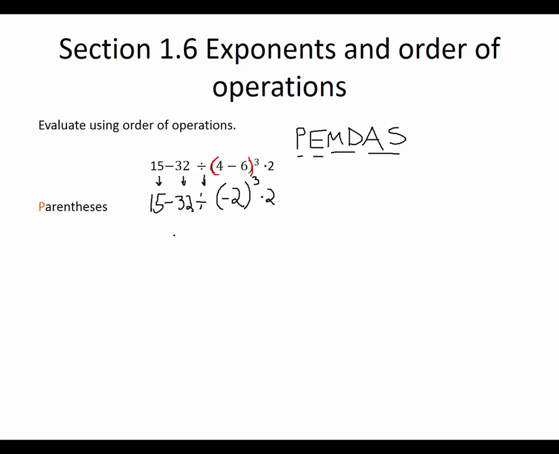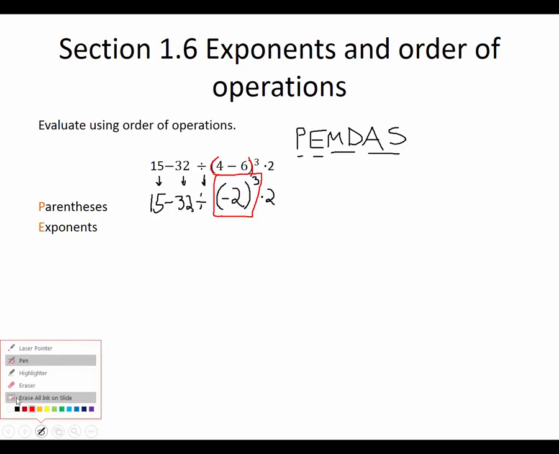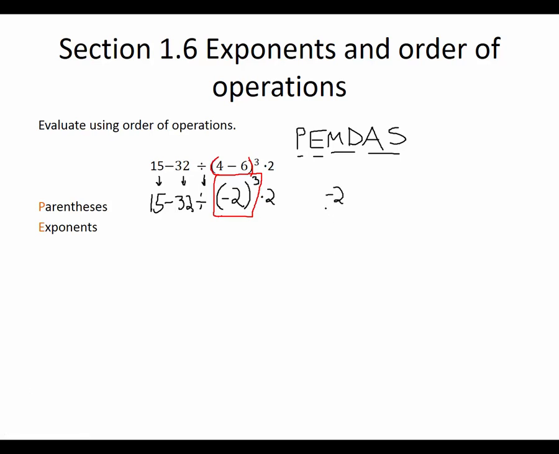Kind of feels like when we were solving multi-step equations. All right, next up is exponents. As we saw, there was an exponent right here. And so I'm going to evaluate that exponent either in the calculator, or you can write it out by hand if you want to do the expand method. I'm taking my base of negative 2 and writing it out 3 times.